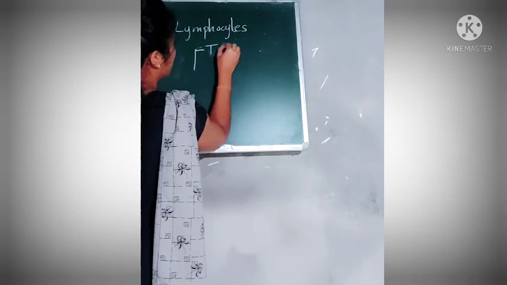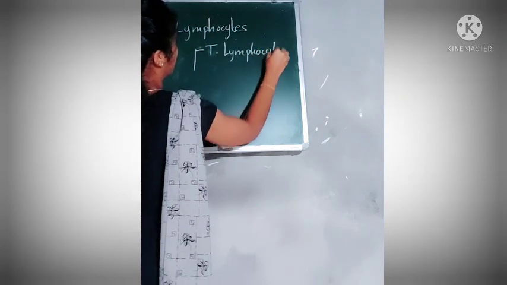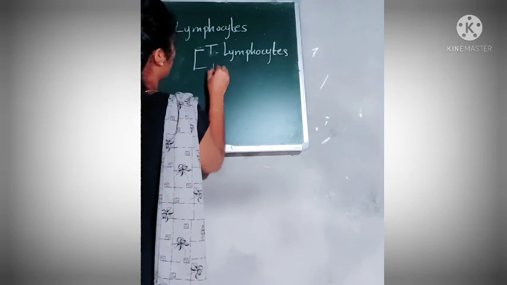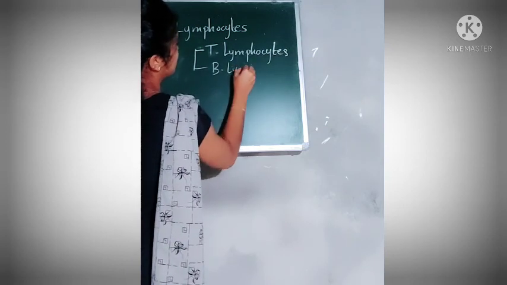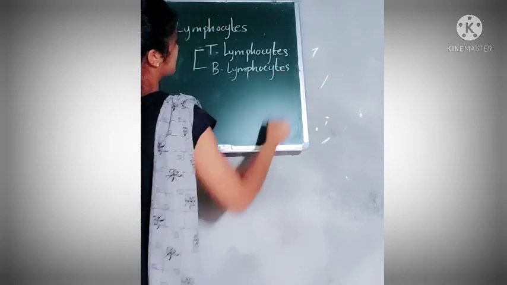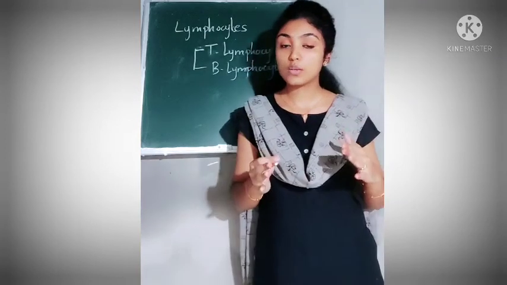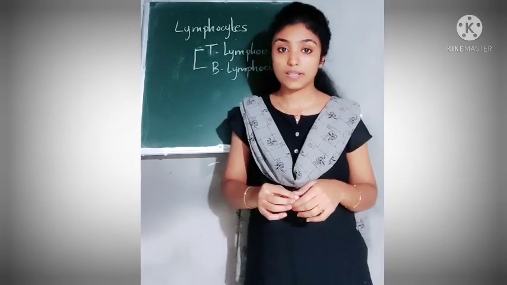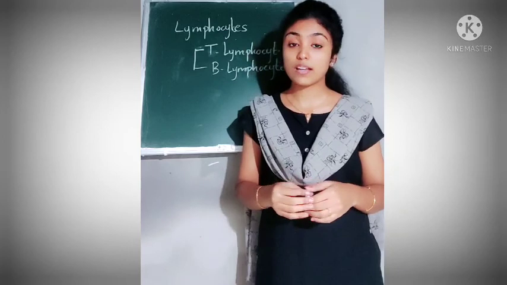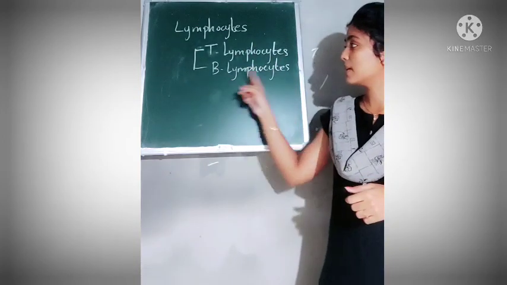T lymphocytes and B lymphocytes. We already know that a lymphocyte is a white blood cell, and these lymphocytes are again of two types. Which are they? T lymphocytes and B lymphocytes.